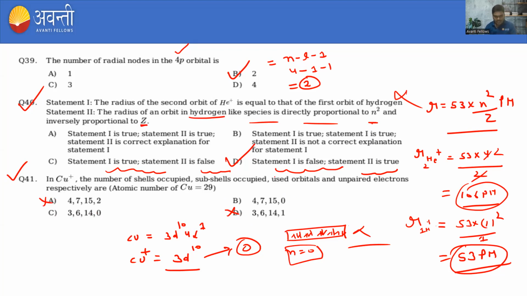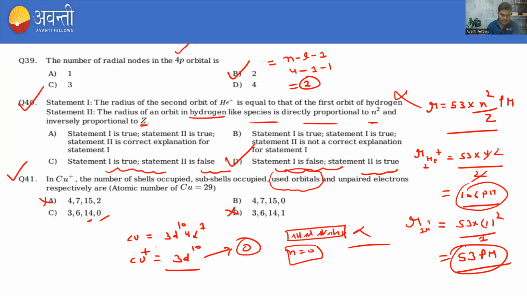So what is the number of used orbitals? You can actually calculate it, right?